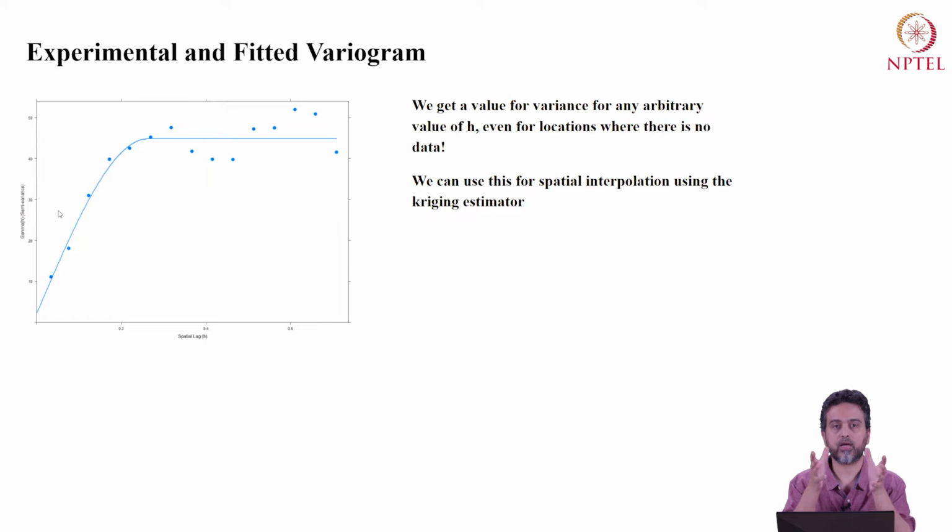So for any two locations, no matter what their separation is, we will get a value of covariance or variance between them. We have a spatial structure over the whole region where we can select any two points arbitrarily and get a value for the variance between the groundwater levels at those two locations.